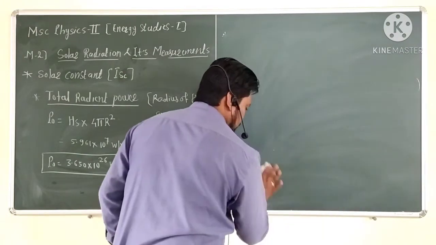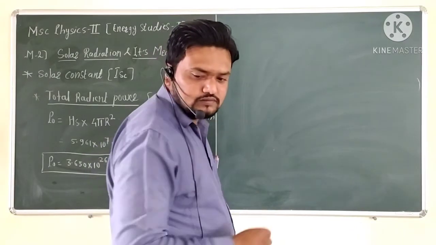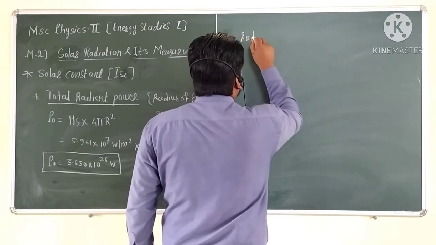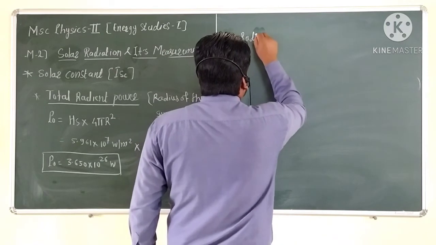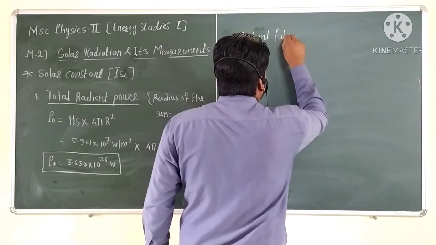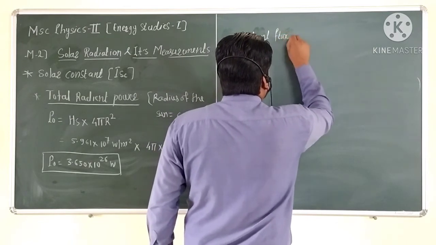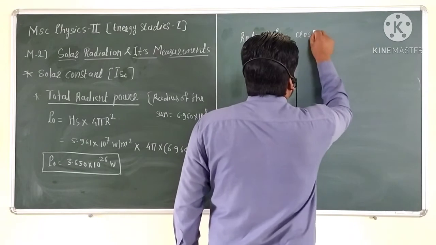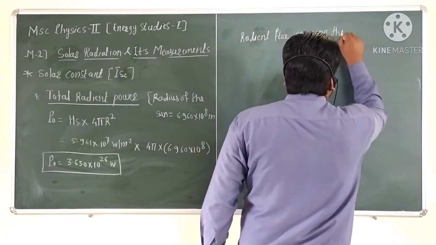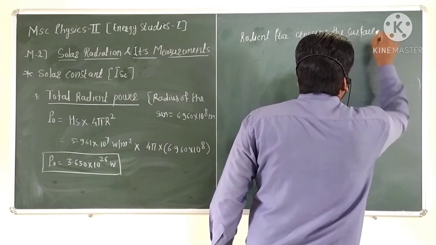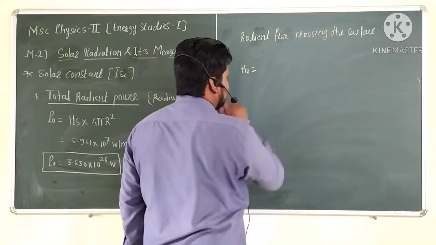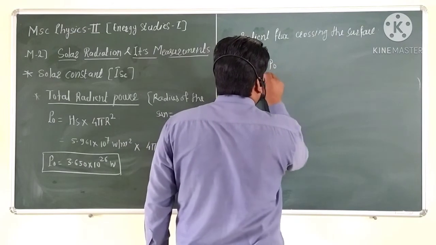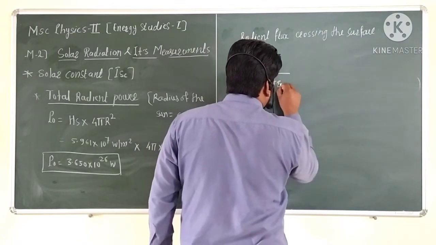The radiant flux crossing the surface is given by H naught equal to P naught upon 4 pi r square, P naught upon 4 pi small r square.